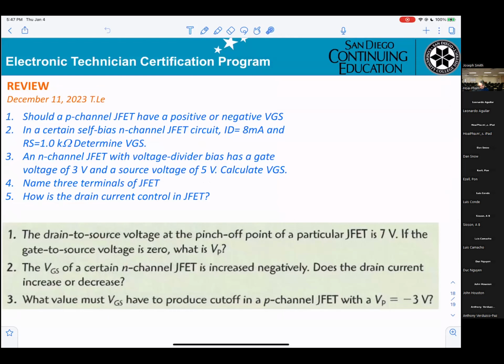Okay, so basically, finally, that's just a review. Okay, so the P channel JFET has a positive or negative VGS. So if you already go through the JFET, try to memorize it, go over and over and over in order to answer, just basically telling the people you understand.